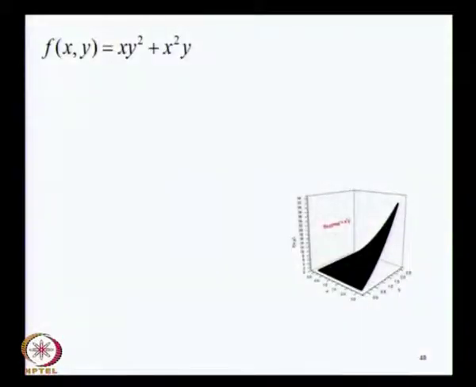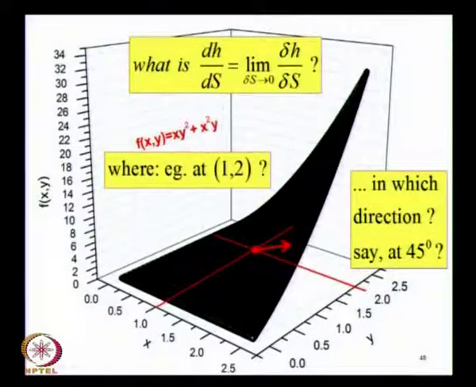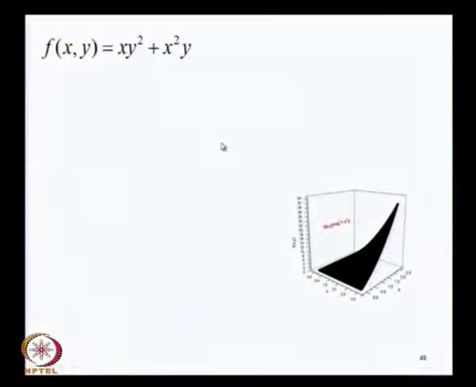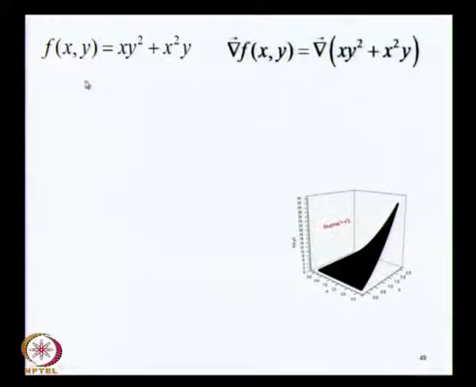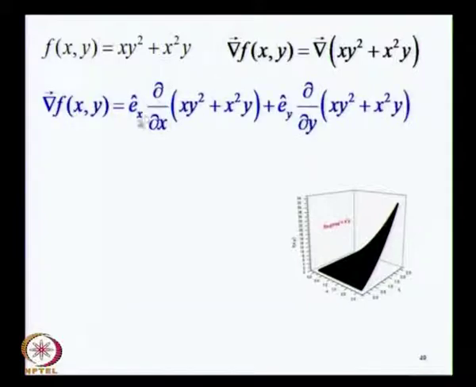So what we do is we begin with the function xy squared plus x squared y, plotted in the first quadrant, and find its gradient. We know that the gradient is Ex times del f by del x plus Ey times del f by del y. So we find what the gradient is.